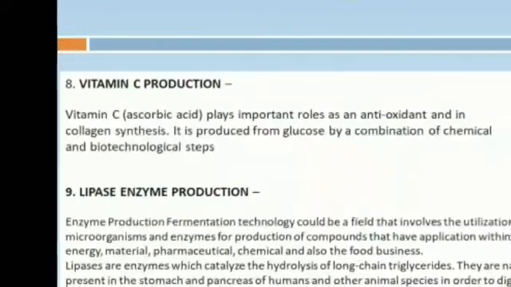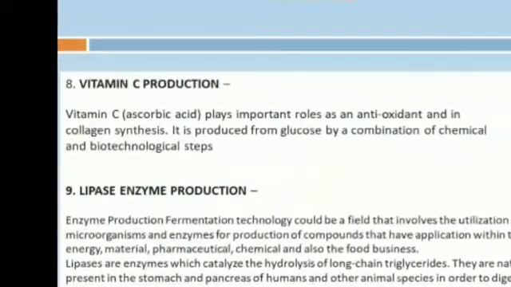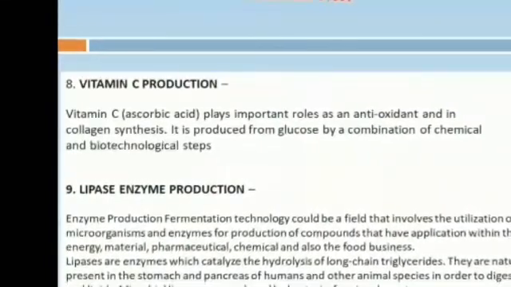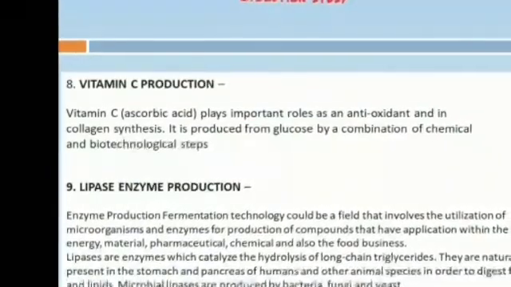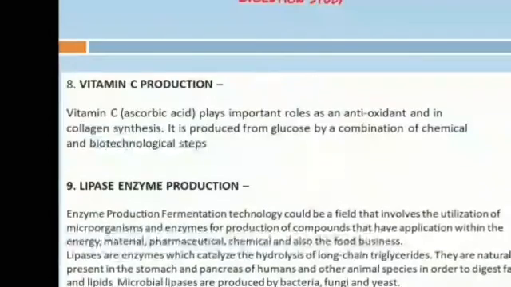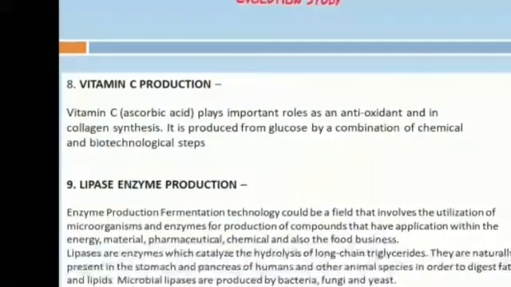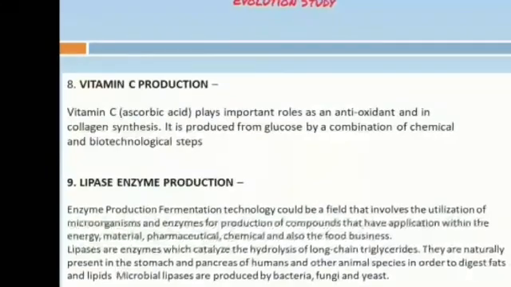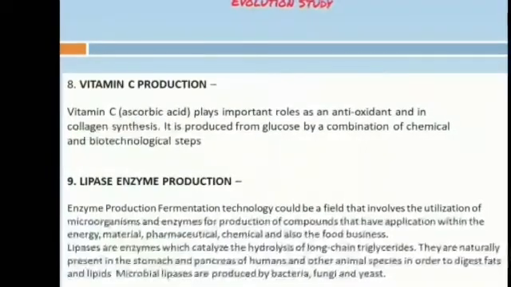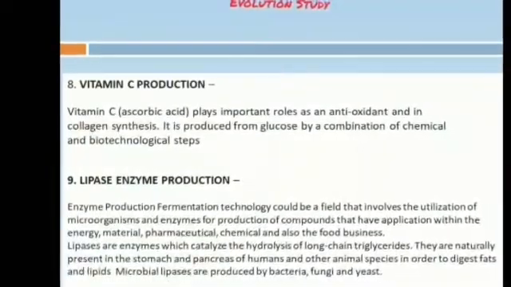What is this? Enzyme production by fermentation technology is a field that involves the utilization of microorganisms and enzymes for the production of compounds that have application within the energy, material, pharmaceutical, chemical and also the food business.